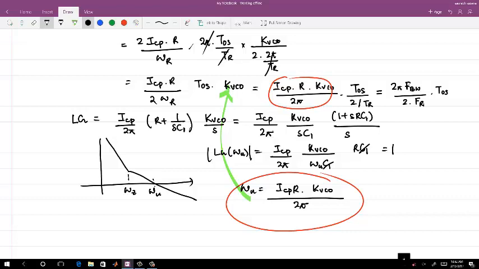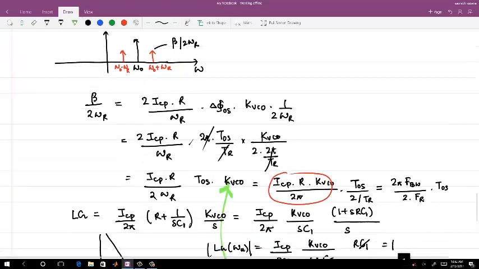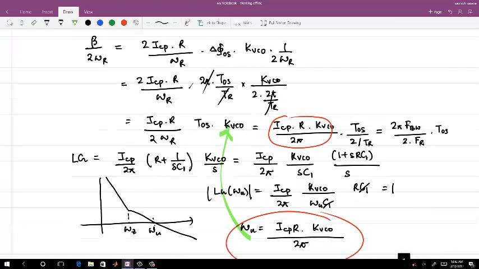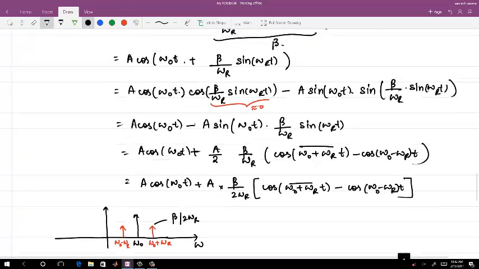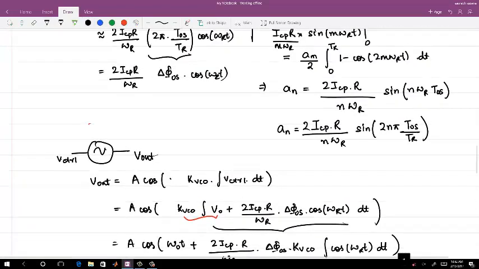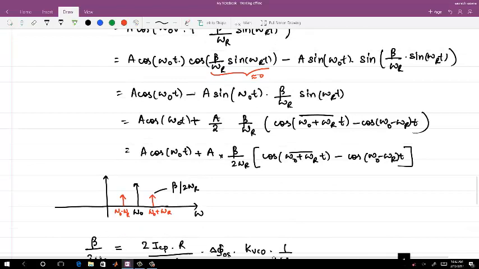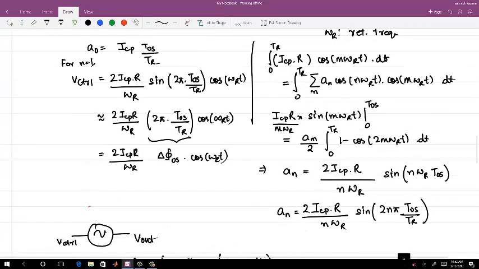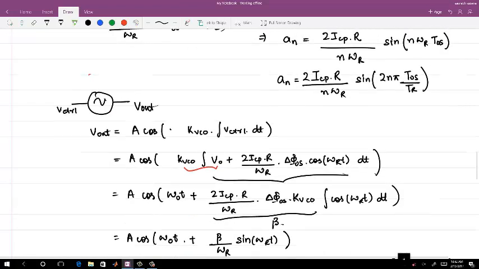I feel there's something missing here actually. So let's just see that. What did we do? Is beta wrong?